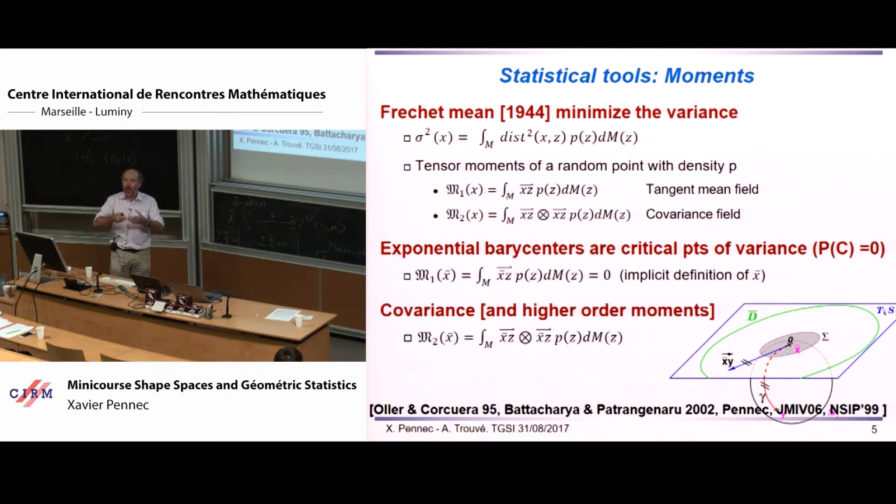It means that I am optimally centered with respect to the different elements. So these are the zeros. We can define the exponential barycenter as the zeros of this tangent mean field here.